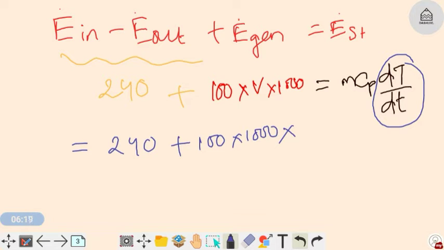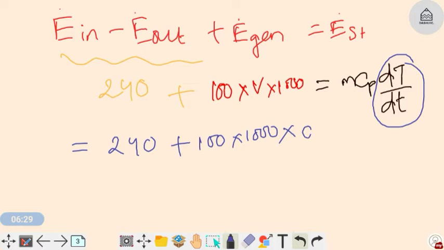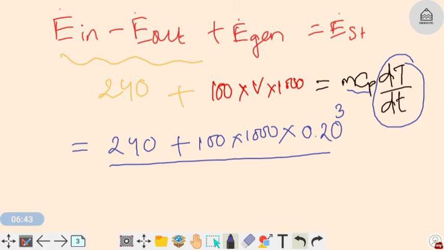The volume: 20 cm is the length of the cube, so the volume will be 0.20 cube, divided by m Cp. What is m? M is density into volume.